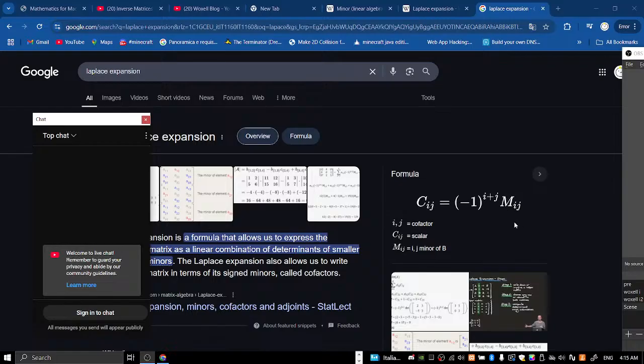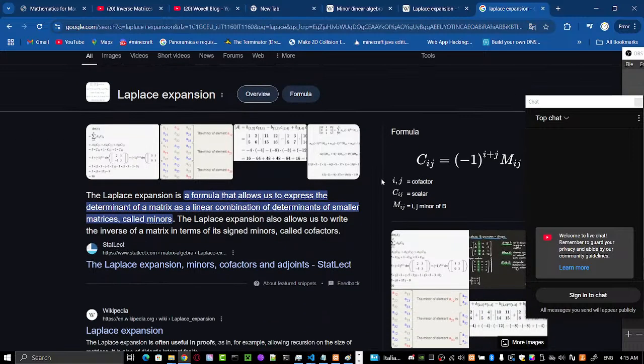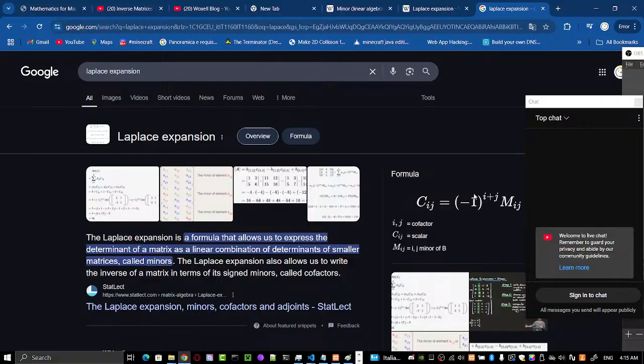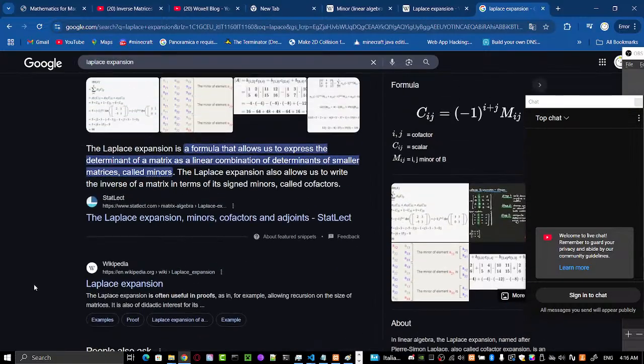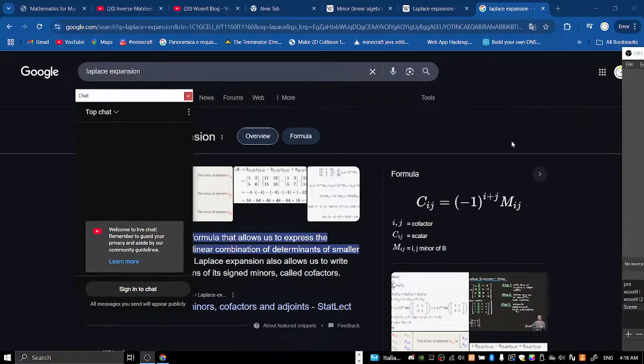This is the minor of b, which is the determinant for each point. And this is the Laplace expansion, an algorithm process that we can just include here in C. We won't do this.